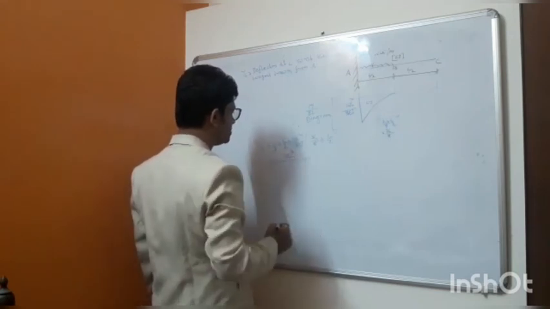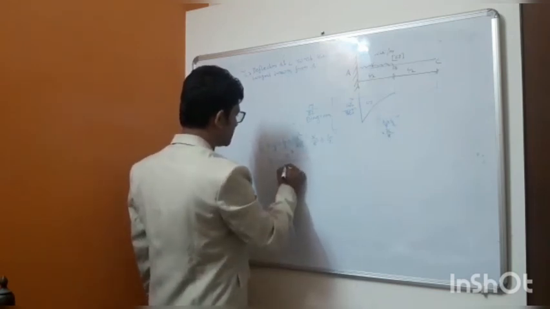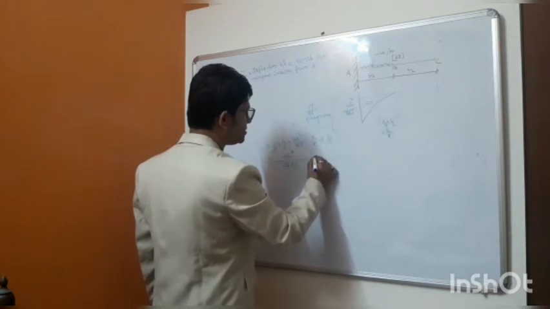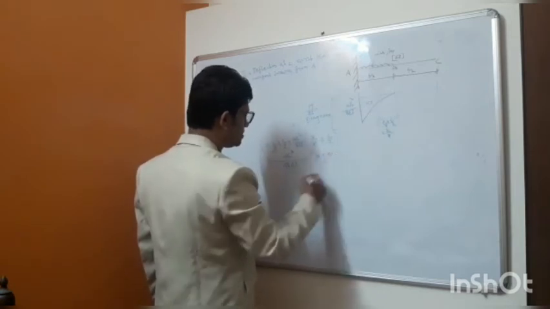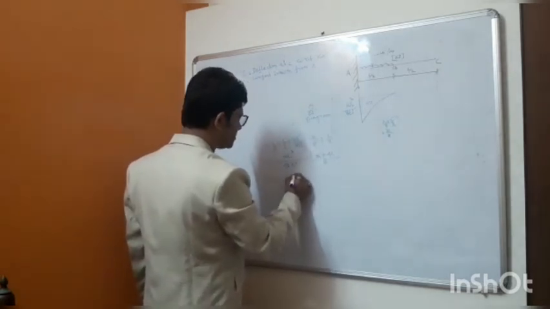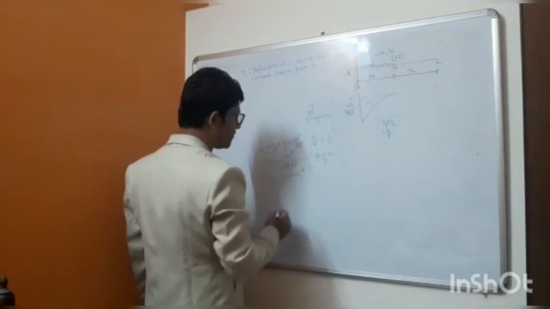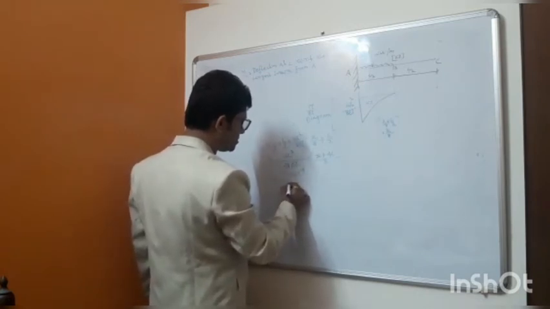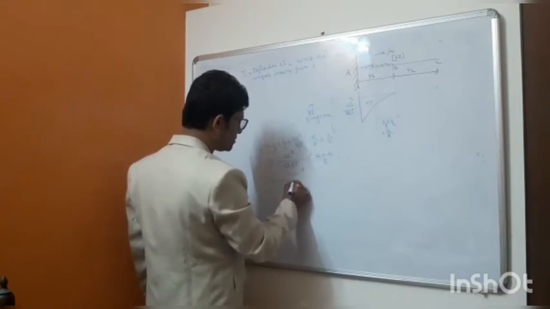WL cube by 48 EI into 8L plus 4L, which is equal to 7WL to the power 4 by 384 EI.